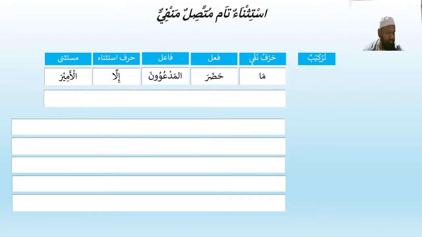Okay, translate. Start with the subject. In both jumla in English, we start with the subject: jumla ismiya, we start with the subject; jumla al-fi'liya, again, start with the subject. أحسنتم. Good.